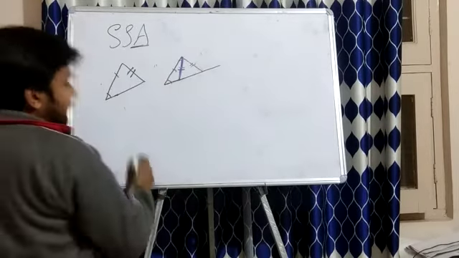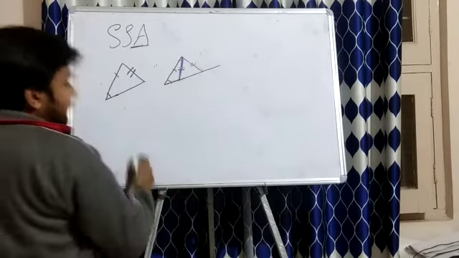Now I want to construct a triangle whose two corresponding sides and an angle are equal, in which case this angle is obtuse, greater than 90 degree. Now again same procedure. Now this angle, since this side is a constraint, therefore this has to be equal to the length of this side. Let me make it a double dash, double mark side. Now again, since this is a constraint, this is an obtuse angle, so therefore this side has to go through this angle.